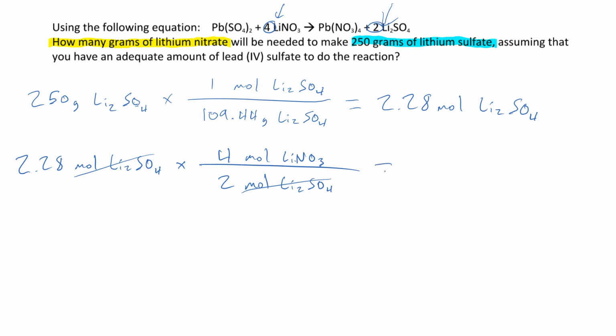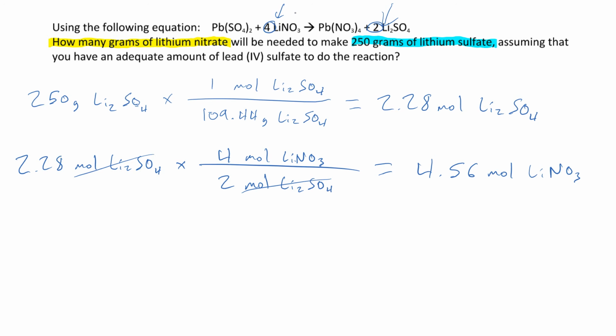Alright, so you perform the calculations here, and what does this give us? It's 4.56 moles of lithium nitrate. Just going to double check. Yeah, 4.56. Awesome. So now we've got the number of moles of lithium nitrate.